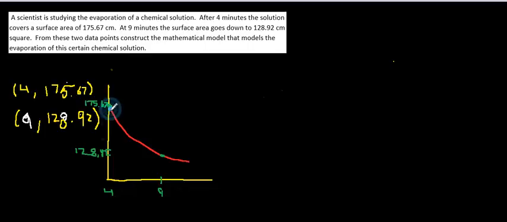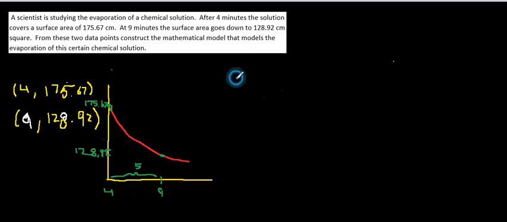And so given 2 points on this, and knowing after a difference of 5 minutes, it will decay from 175.67 to 128.92, from those 2 points we should be able to derive what the rate of change is.